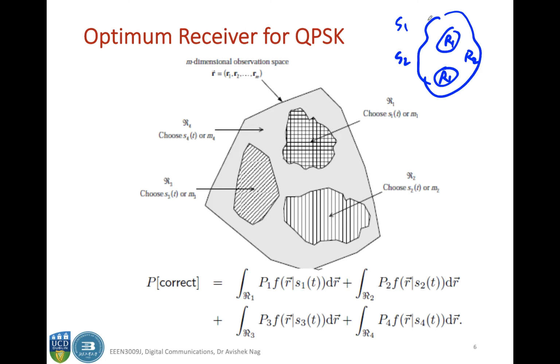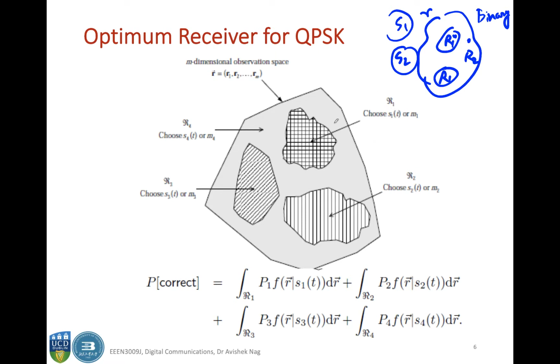If the received signal R falls into R1, then we decide that S1 was transmitted, and if it falls into R2, we decide S2 was transmitted. So that was the case for binary communication.